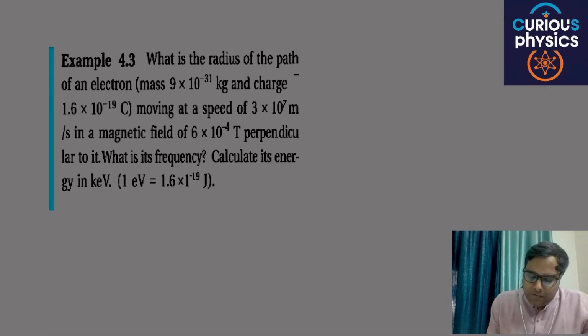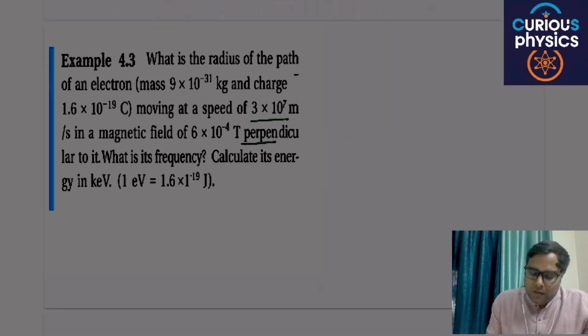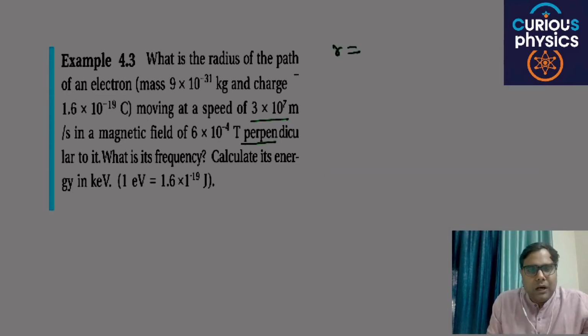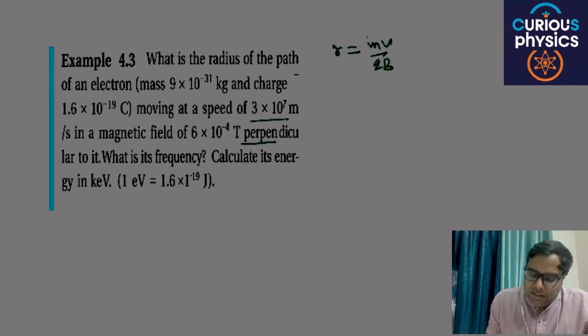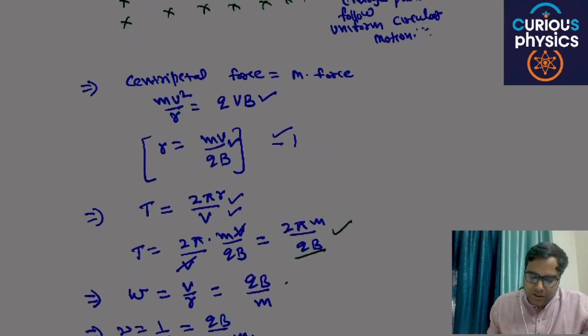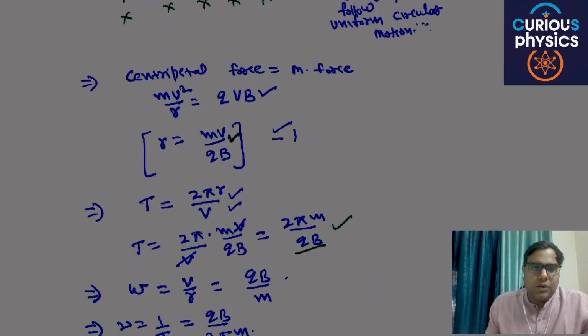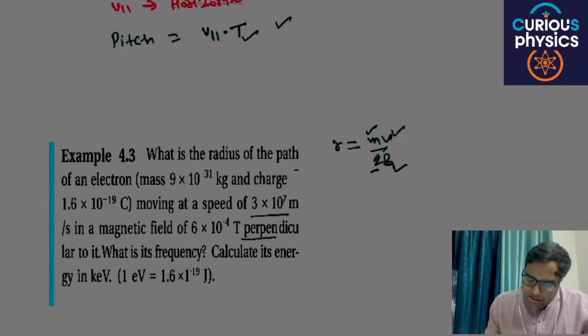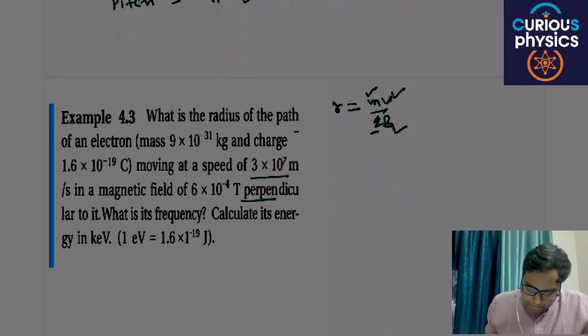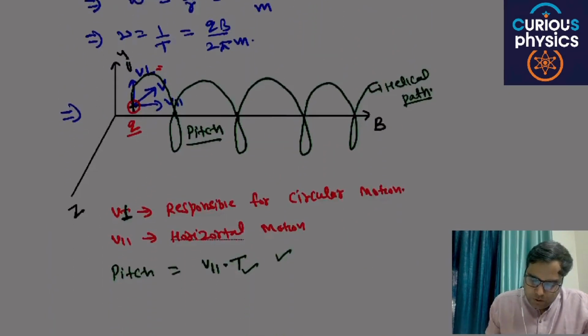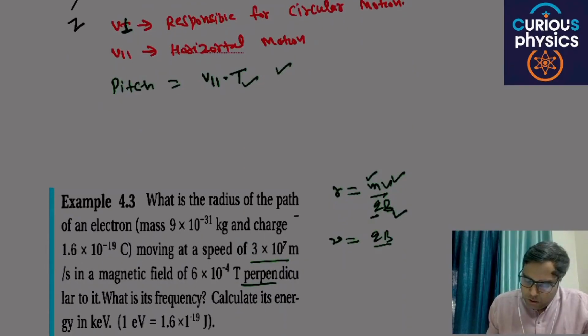The magnetic field and velocity are perpendicular, so R is equal to mv by qB, where m is the mass of the electron, v is speed, q is charge and B is the magnetic field. We derived this relation. Next, the frequency is qB by 2 pi m.